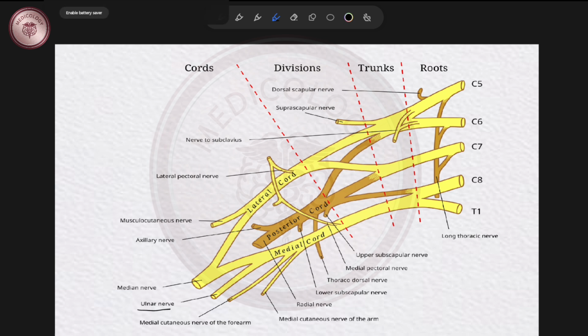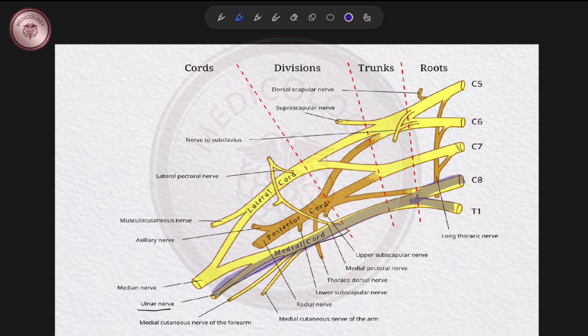It is originating from the medial cord of our brachial plexus. Let's trace it down. Medial cord like this. So, what is the root value of the ulnar nerve?